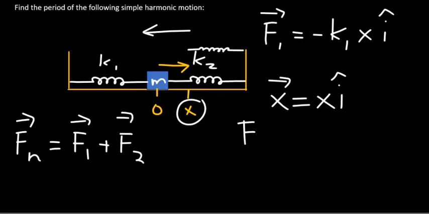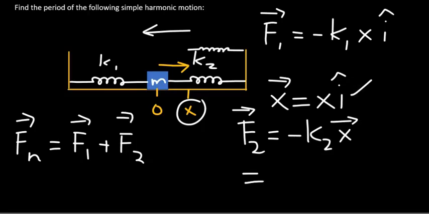So the force spring 2 exerts on mass M is given by minus K2, where K2 is spring 2's spring constant, times the displacement of that mass. And using this expression for the displacement, you get F2 to be minus K2 x i hat.